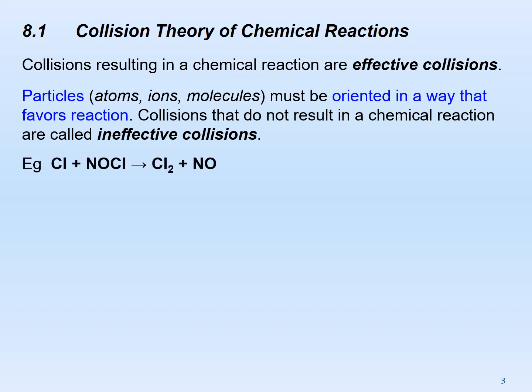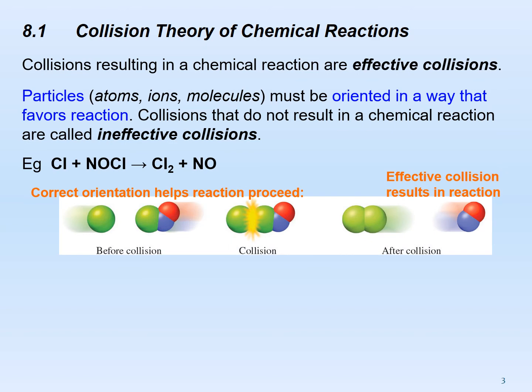For example, the chemical equation shows the reaction of chlorine atom Cl with nitrosyl chloride molecule NOCl to give chlorine molecule Cl2 and nitric oxide molecule NO. In order for this to happen, chlorine atom Cl and nitrosyl chloride NOCl must be oriented correctly just before collision.